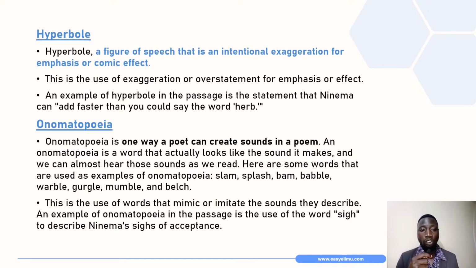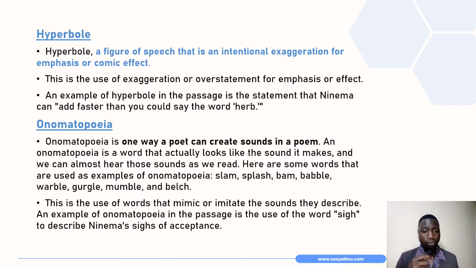So there is also onomatopoeia. We are told that this is one way a poet or a writer can create sounds in a poem. Remember, onomatopoeia is the use of language or words that describe a sound. It is not like ideophones. So it is a word that looks like the sound that it makes, and we can almost hear those sounds as we read.